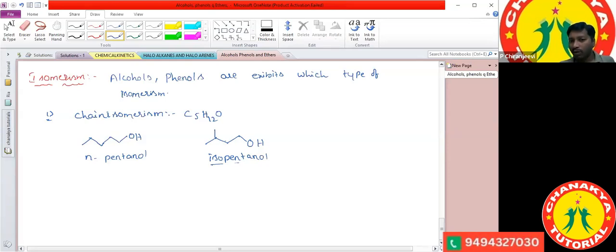In the first one we have 5 carbon atoms in the chain, but in the second one, in the root word, 1, 2, 3, 4 only, so only 4 carbon atoms.